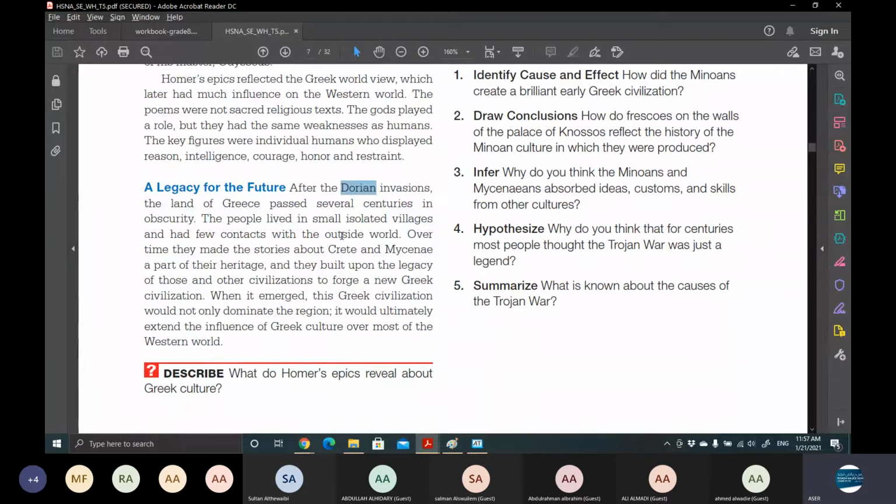See the sequence now? So the Minoans started to construct a civilization. Later the Mycenaeans invaded them and took their civilization. And after them the Dorians took both the civilization of the Minoans and the Mycenaeans. Okay?